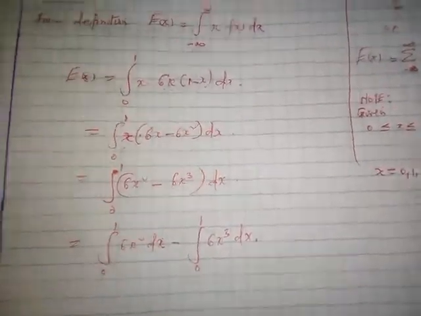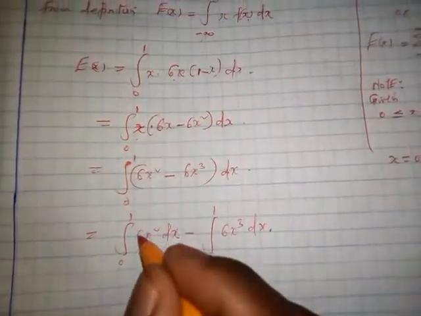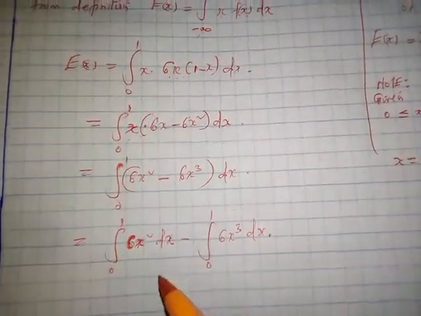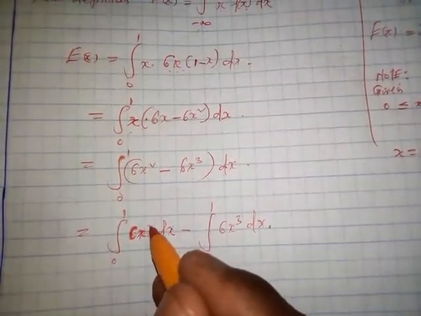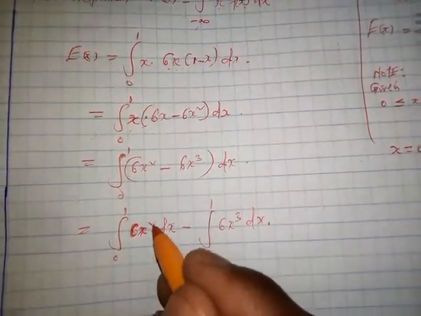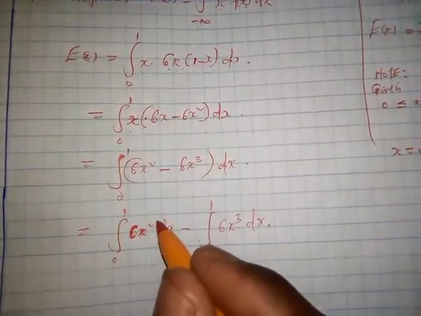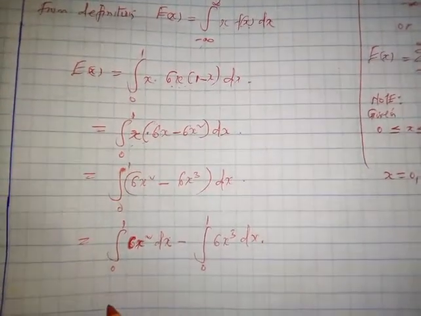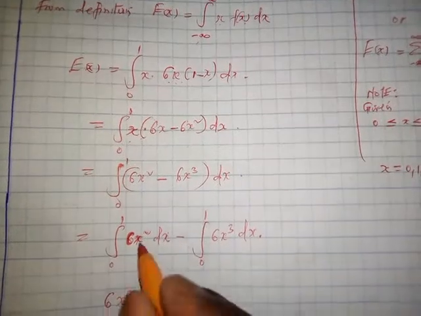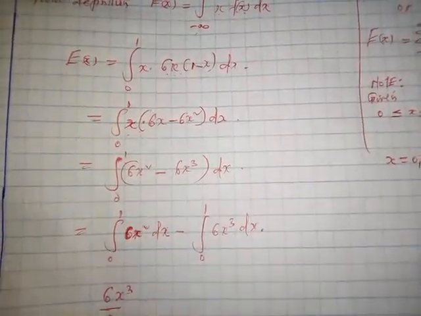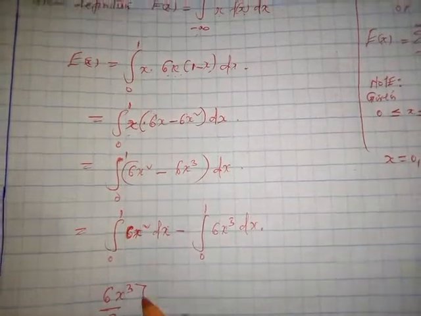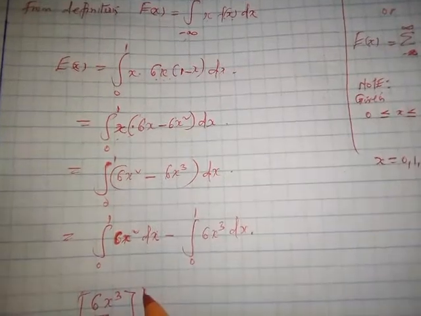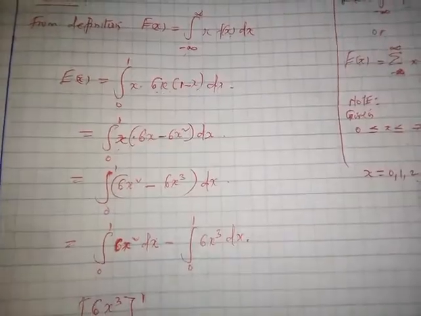Then here we just do the ordinary integration of 6x squared. We increase the power by 1, then we divide by the new power. So 2 plus 1 is 3, so that we have 6x cubed, then we divide by 3, with limits from 0 to 1.